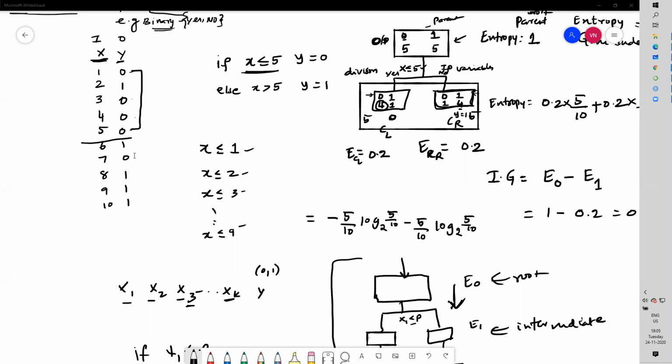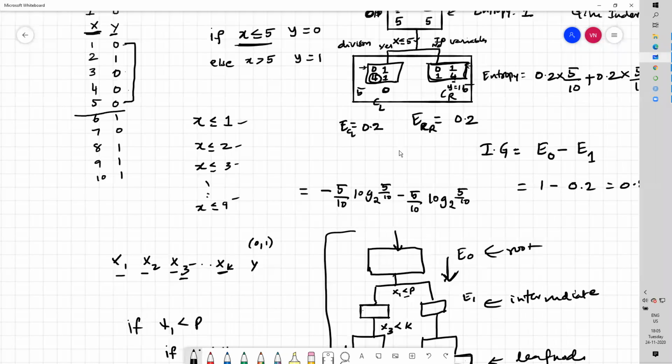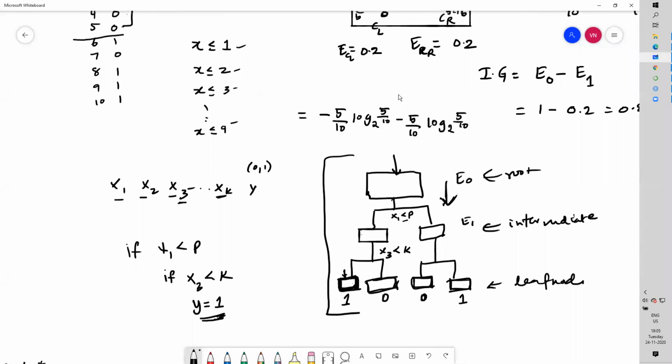My motivation is to learn rules that can separate the observations that belong to no class from the observations that belong to S class. So our ultimate goal is to reach those leaf nodes where the majority of observations belong to the same class, or all the observations belong to the same class.